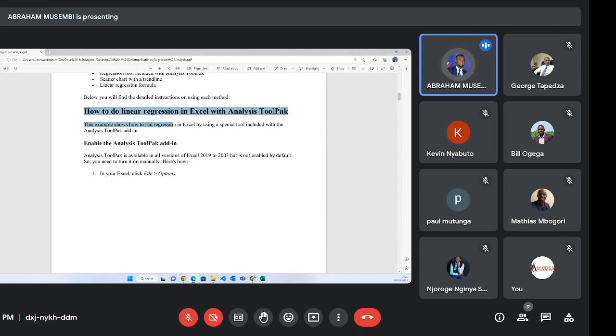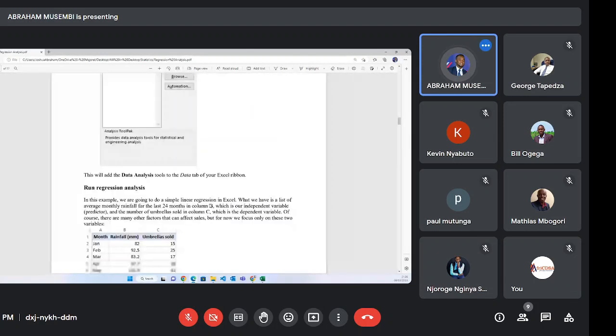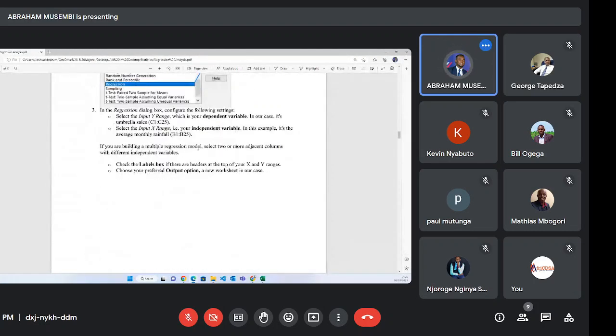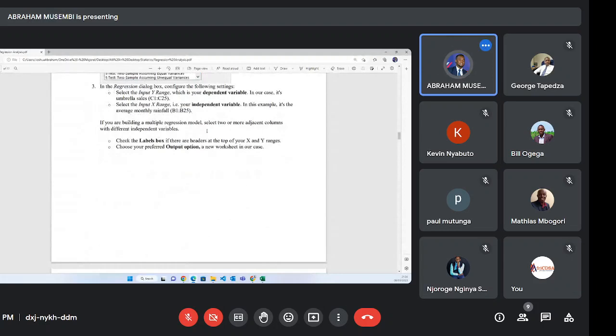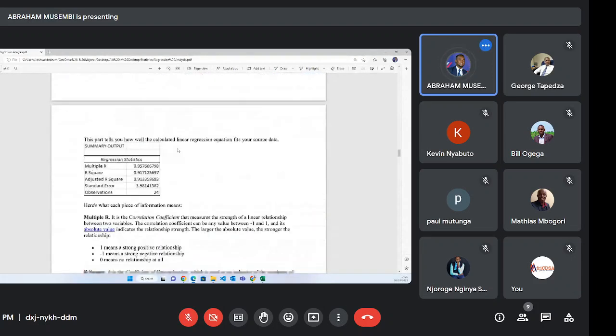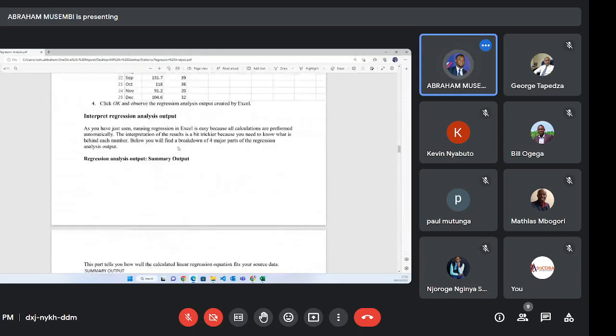I've also illustrated all the steps I've done here, even the step of adding the data analysis tool. I've shown you all that process.